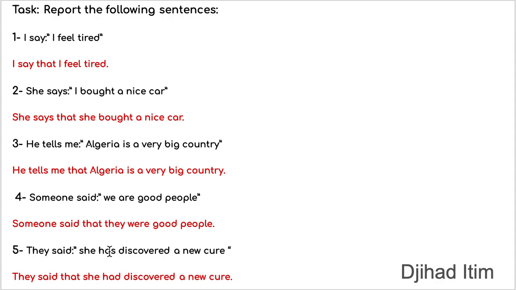So in the present perfect we say "has discovered," and in the past perfect, "had" plus the past participle, "had discovered." "To have" in the past simple is "had."